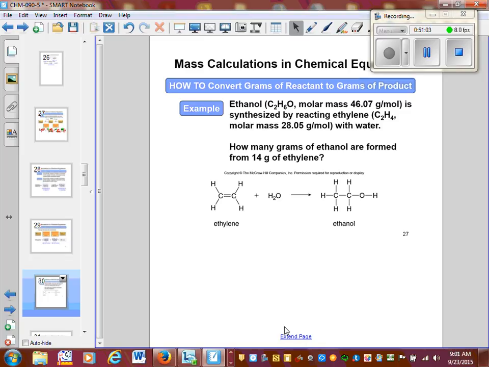So 14 grams of ethylene. Where do we go from grams of A? What's our next stop? Moles of A.